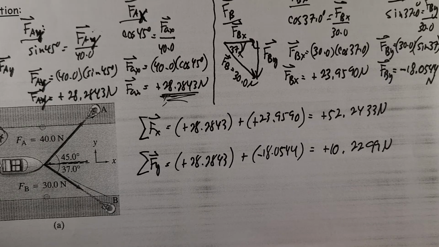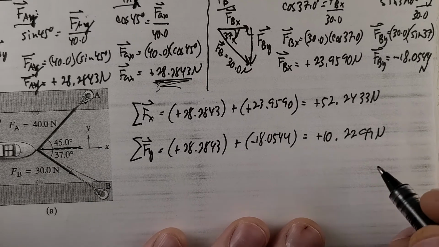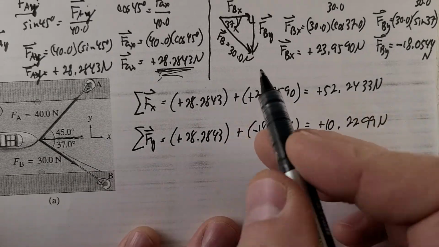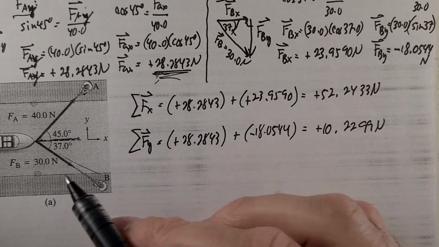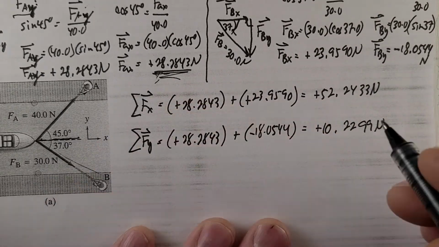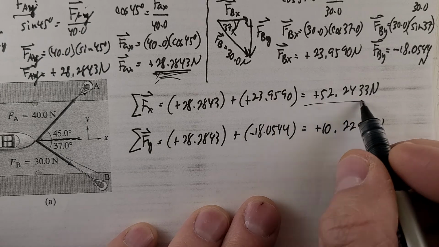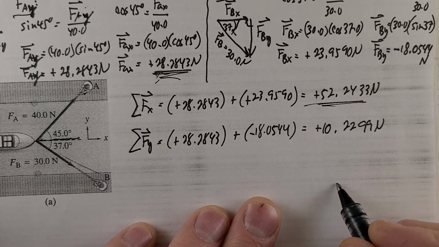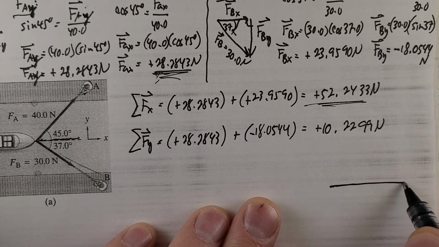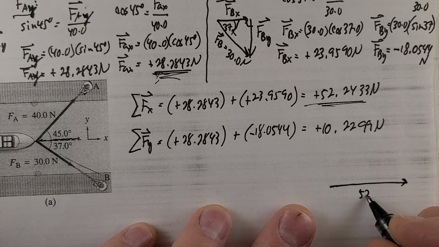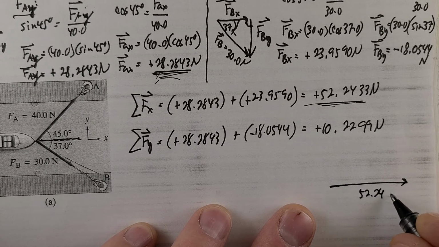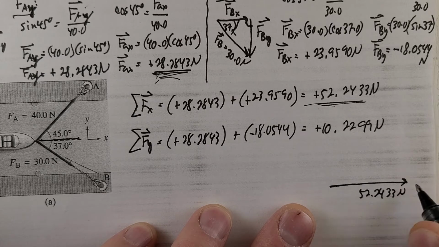So with these, I can represent my triangle now. I have my X and my Y for my overall force. I'll start off with this one, 52 in the positive X direction. Don't worry about drawing the signs. The positive just tells me what direction to draw this arrow in.